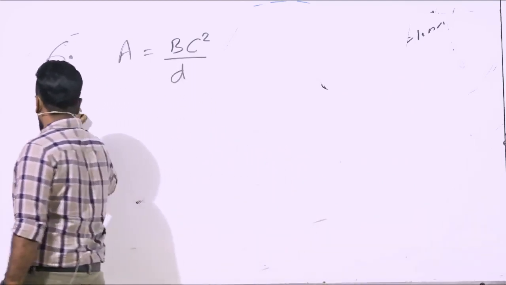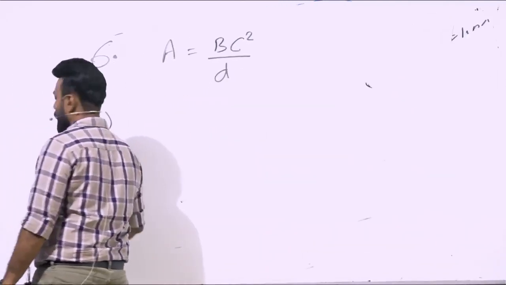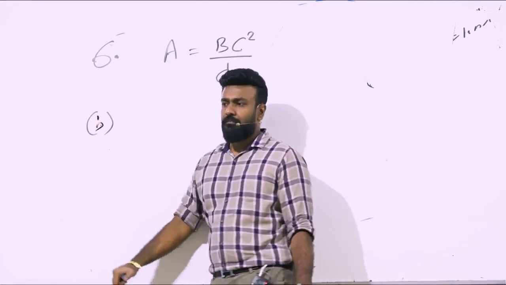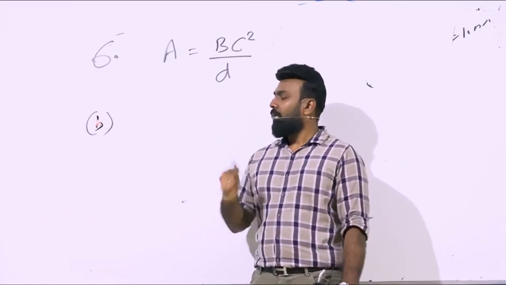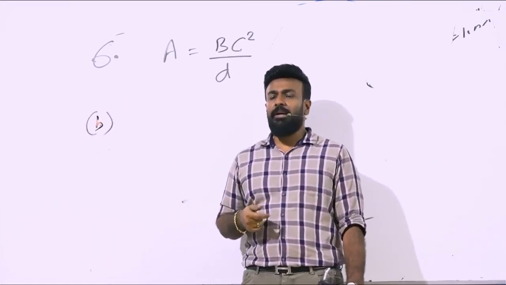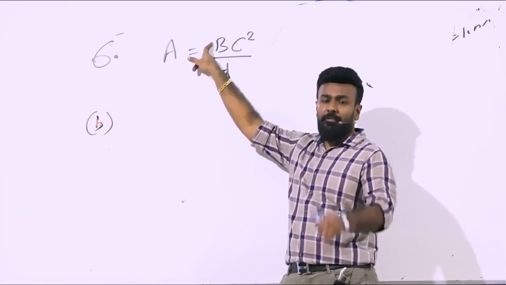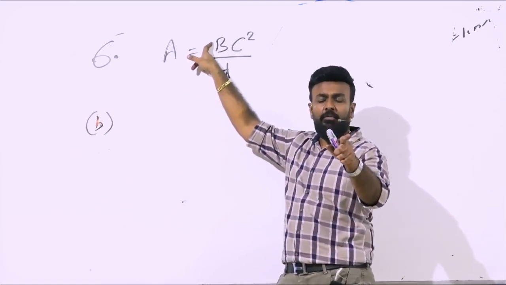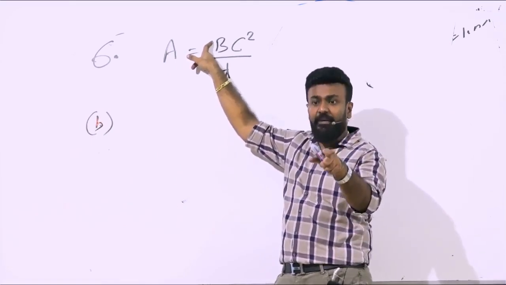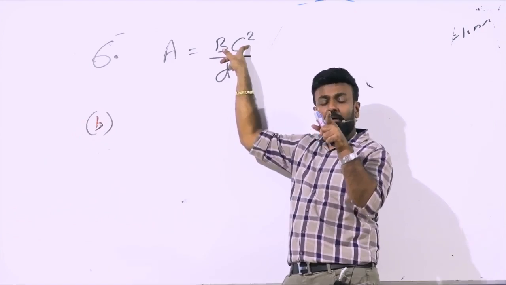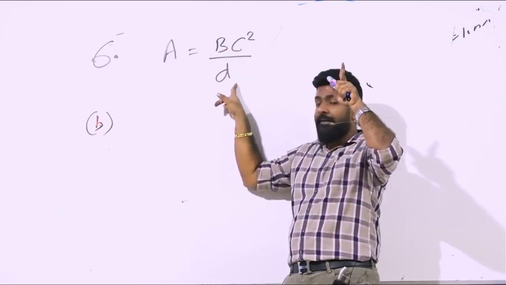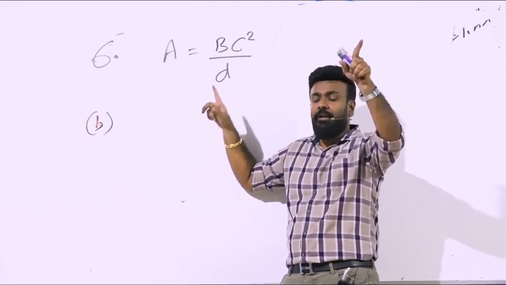What was it? B decreased by 18%, C increased by 20%, D increased by 44%. Do the question.